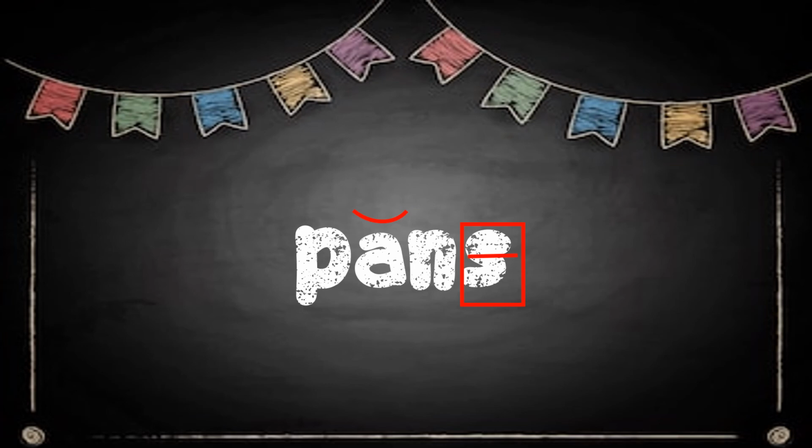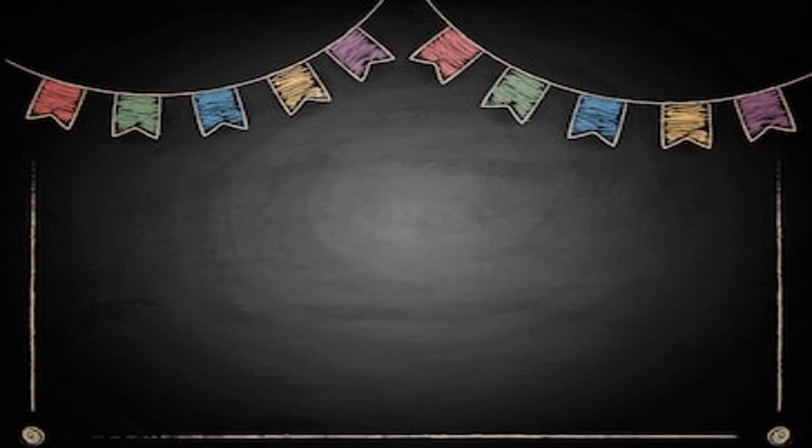So let's cross out our letter S to remind ourselves that it is making the voiced sound. Z, z, z. Let's sound out our word. A, n, z. A little faster. Pans. And a little faster, pans. There are lots of pots and pans in the kitchen.